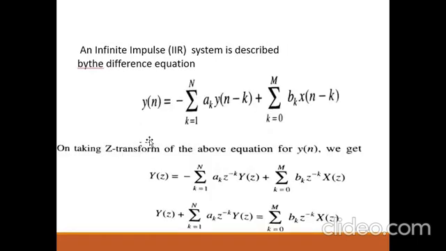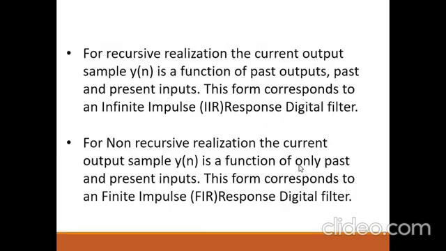By applying the Z transform to the signal, we can see the present output depends on the past output and the present input, which says that the system is a recursive system. So we can realize any type of system in the recursive realization.